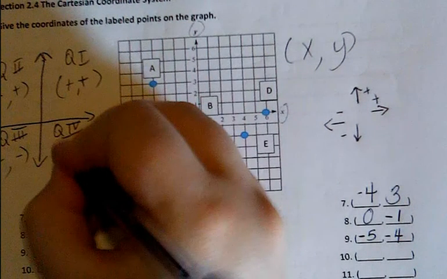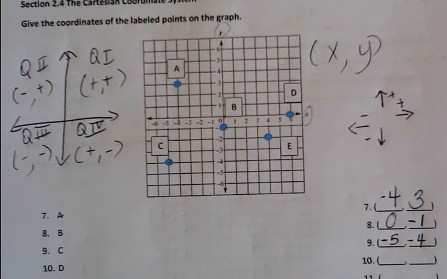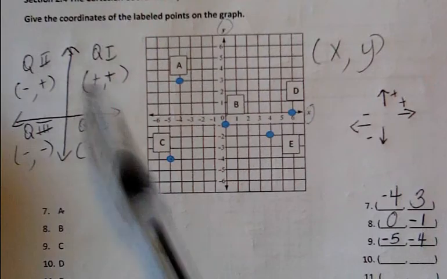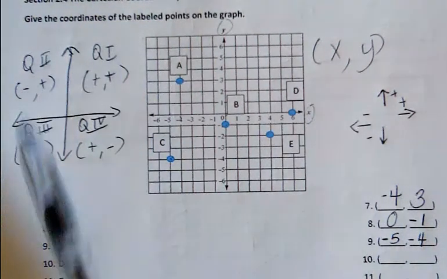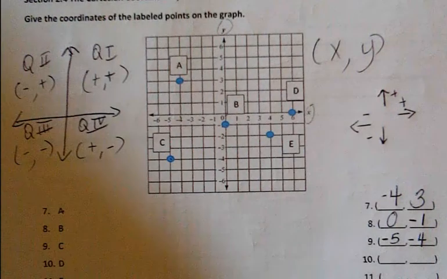And 4 was positive, negative. So if you are unsure if you are giving the right sign for each number you write down, you can refer back to this chart and it tells you what signs each point should have.